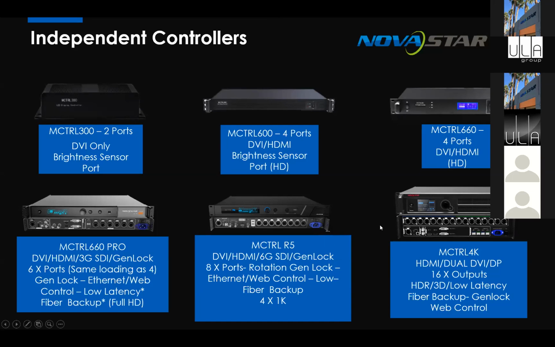The R5 and the M-Control 4K use 10 gigabit fiber to do their backup, and that's going to a CVT-KS box. So that's basically a 16-port fiber box. It looks very much like the back of an M-Control 4K, and that will work with the R5. So if you buy an R5 and need to extend it, then you're only going to get basically 8 of those ports working.